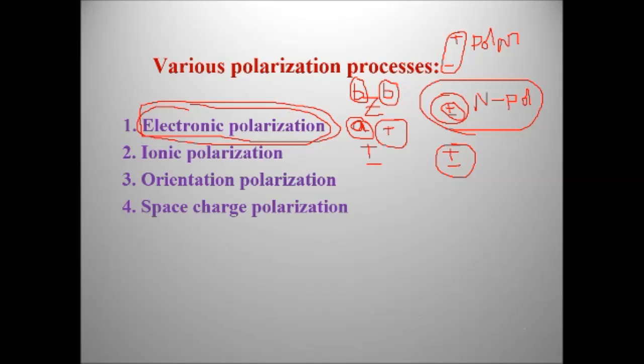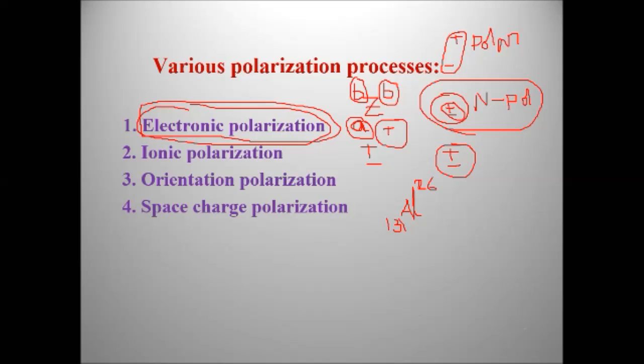Suppose aluminum: what is the atomic number? 13, and the mass is 26.